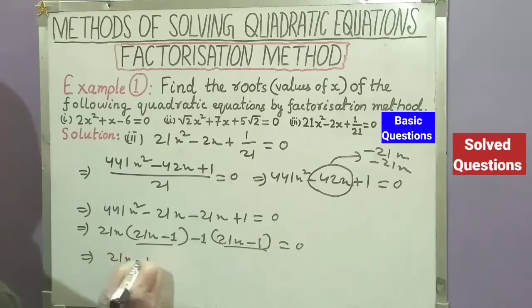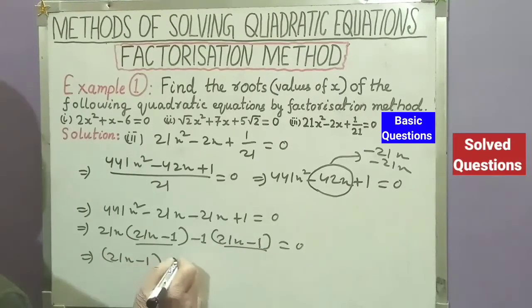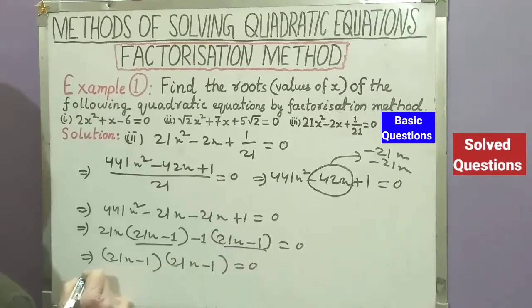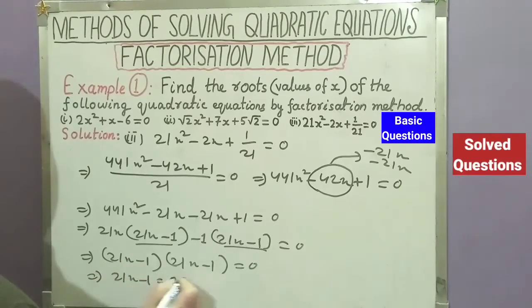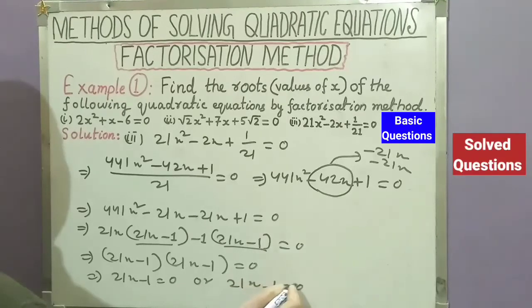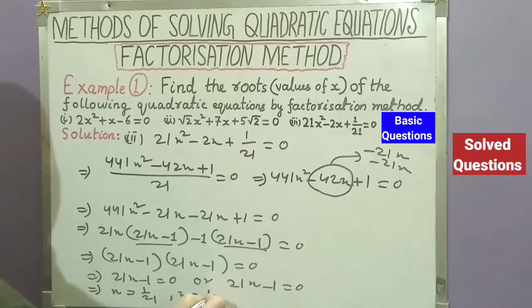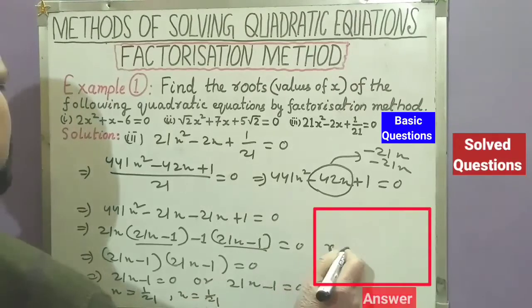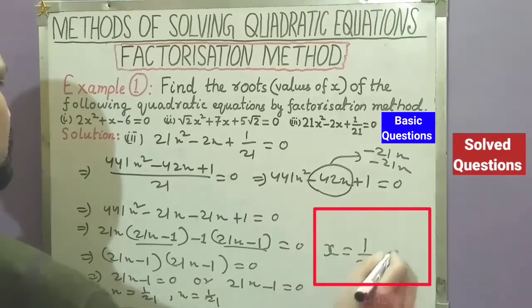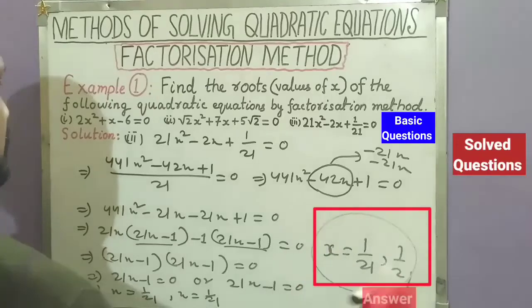Taking common 21x minus 1 whole into 21x minus 1 equal to 0. That implies that 21x minus 1 equal to 0 or 21x minus 1 equal to 0. That implies that x equal to 1 upon 21 and same x equal to 1 upon 21.